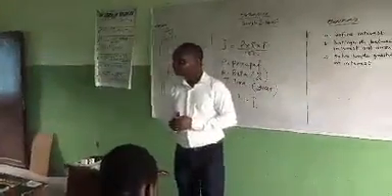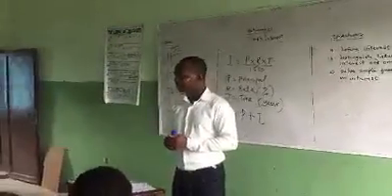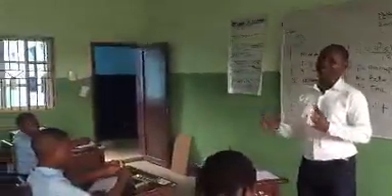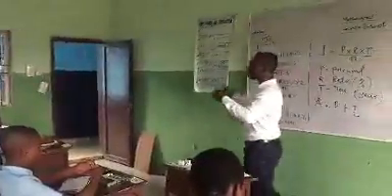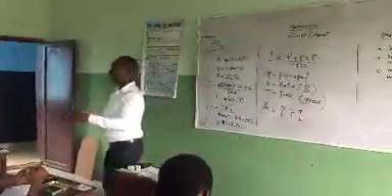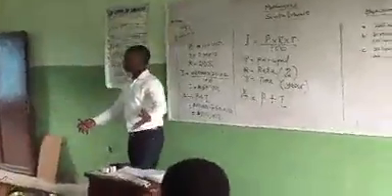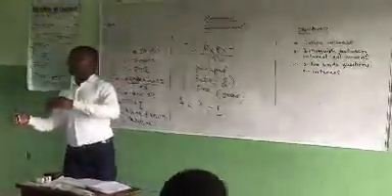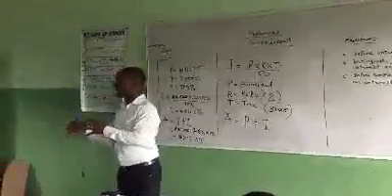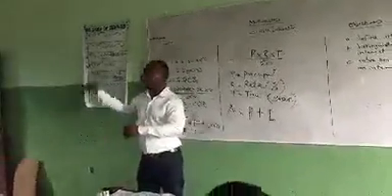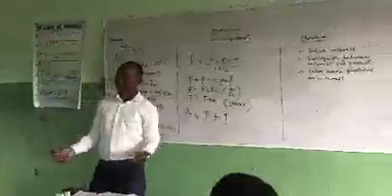Because principal plus interest brings a bigger amount. Thank you. She said because principal added to interest, we always have a bigger value. So you can't say that interest is greater than amount, because amount is interest plus principal itself.